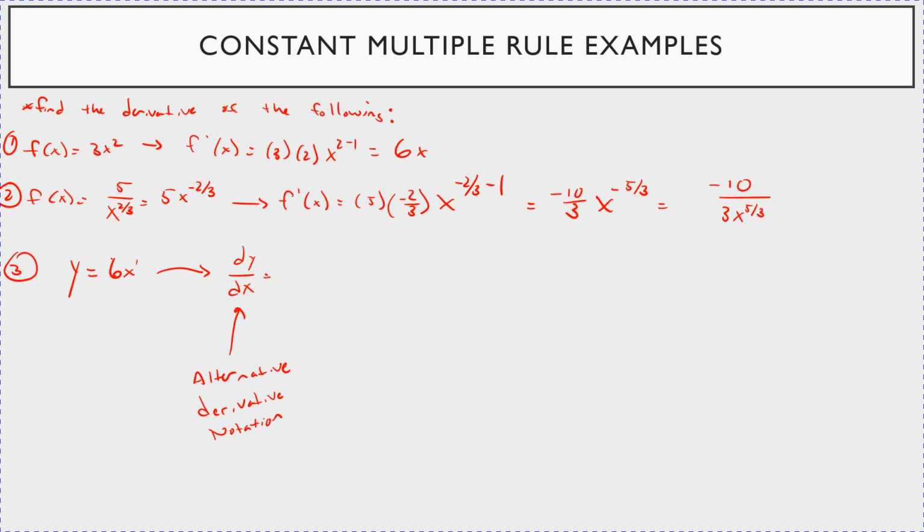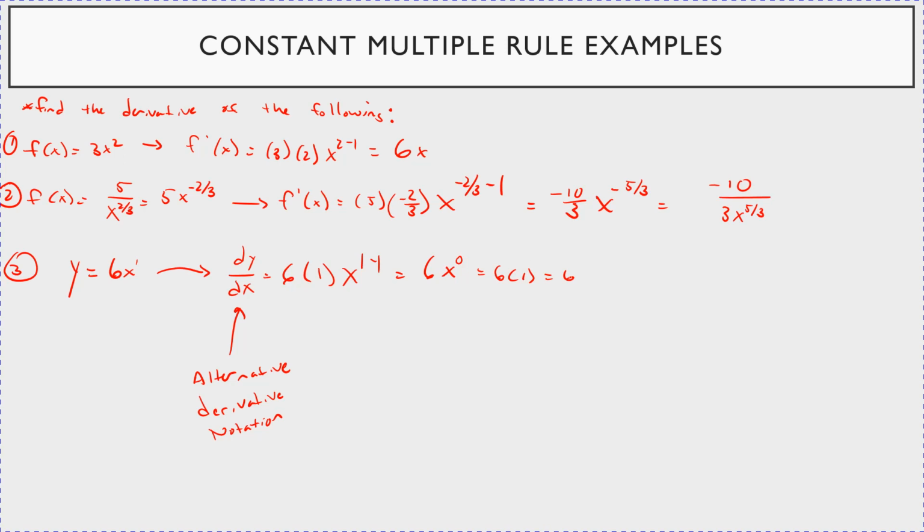It is equal to, leave the 6 alone, 6, bring the exponent down, 1, and then you have x to the 1 minus 1. Well, 6 times 1 is 6. 1 minus 1 is 0. Well, x to the 0 power is 1. So this is just 6, right? That's what we would expect, because it's just a straight line, so the slope is 6.